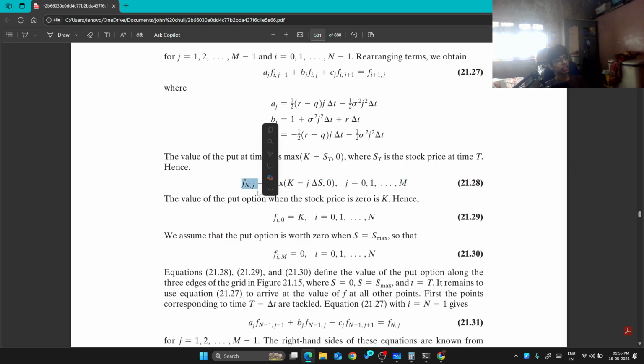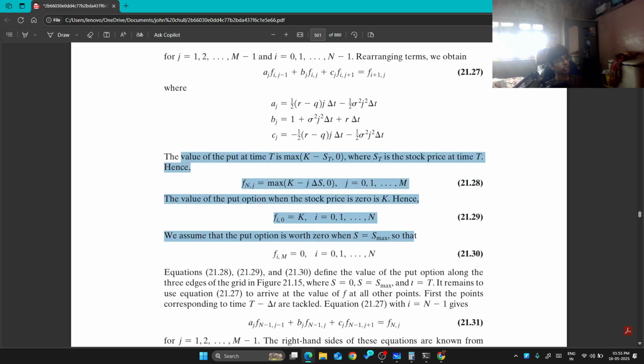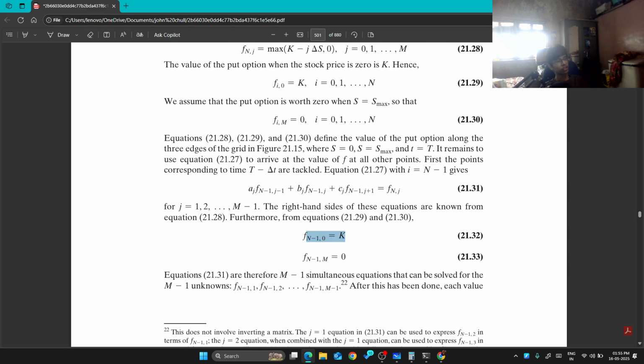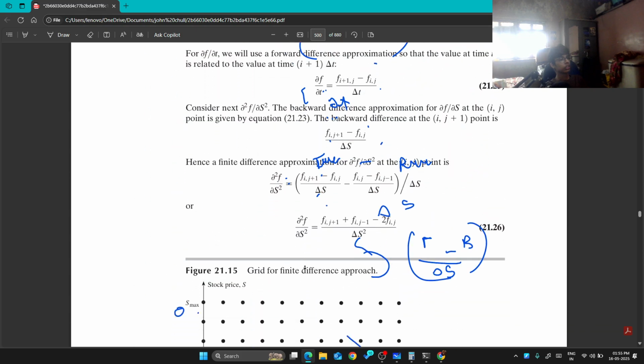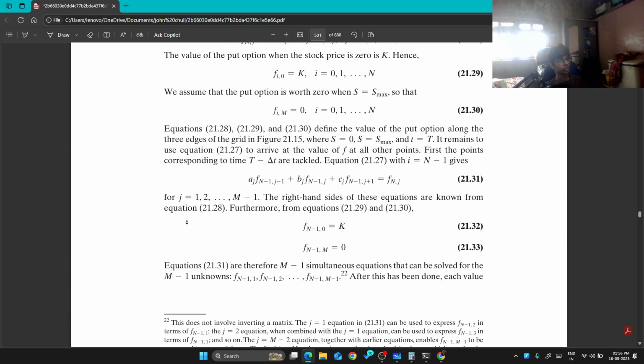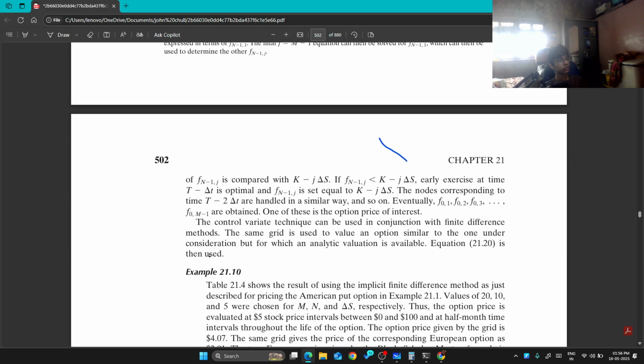At fn, if n is maximum, s is 0, then our value would be k, and these three are the boundary conditions. You can read that. So fn minus 1 would be k, fn minus m would be 0, this would be k, this would be 0, and then we solve it.